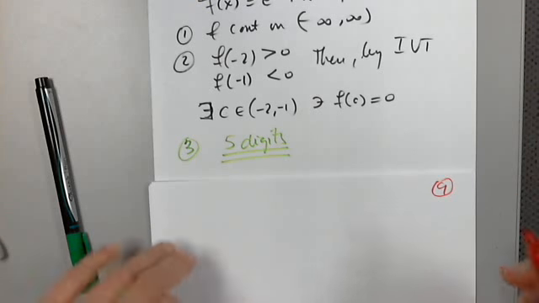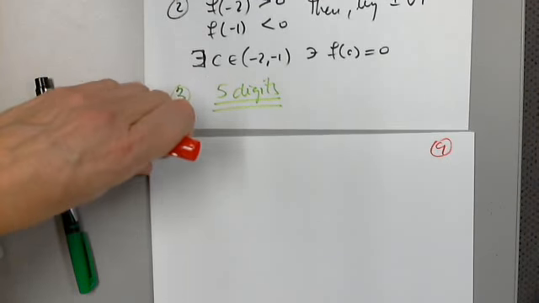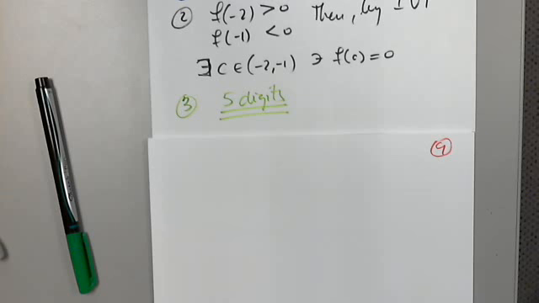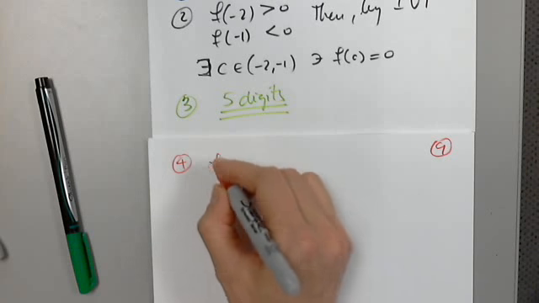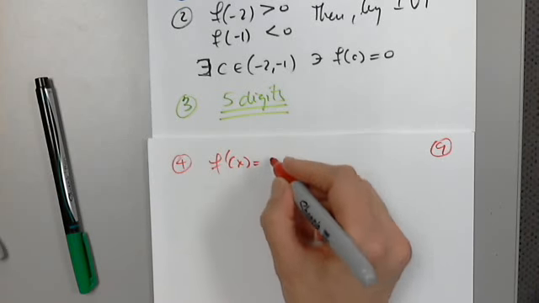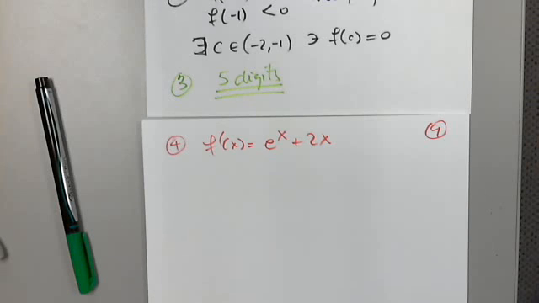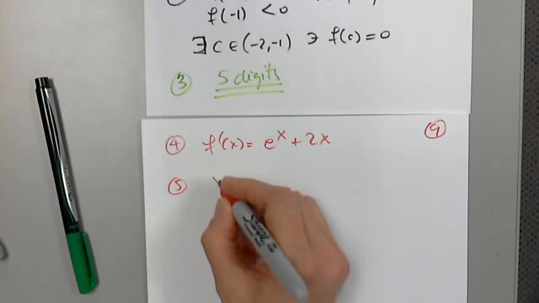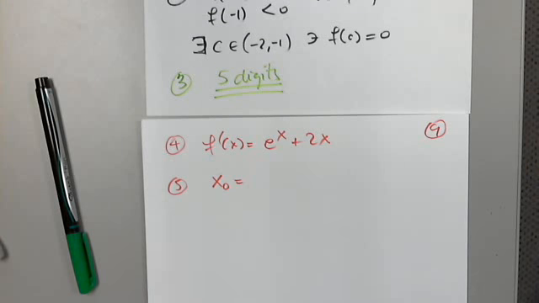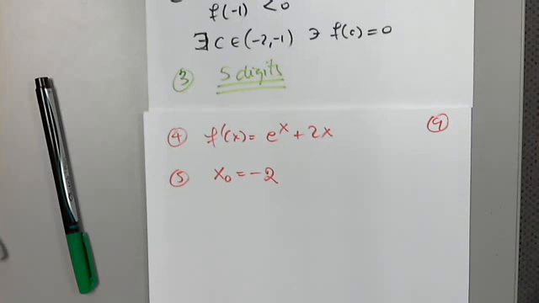I know you trust calculus more than 2 and 3. Okay, ready? I have to determine f prime, which is e to the x plus 2x. And number 5, I have to choose x0. Choose whatever you want, either -2 or -1. It doesn't matter. Okay, we want to choose -2.